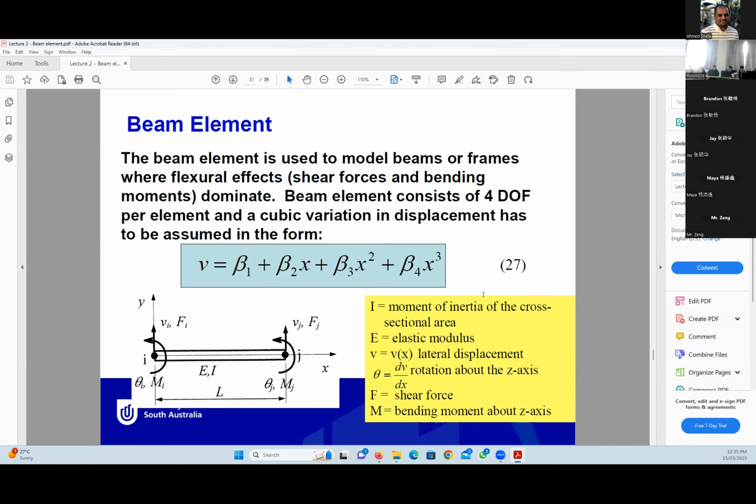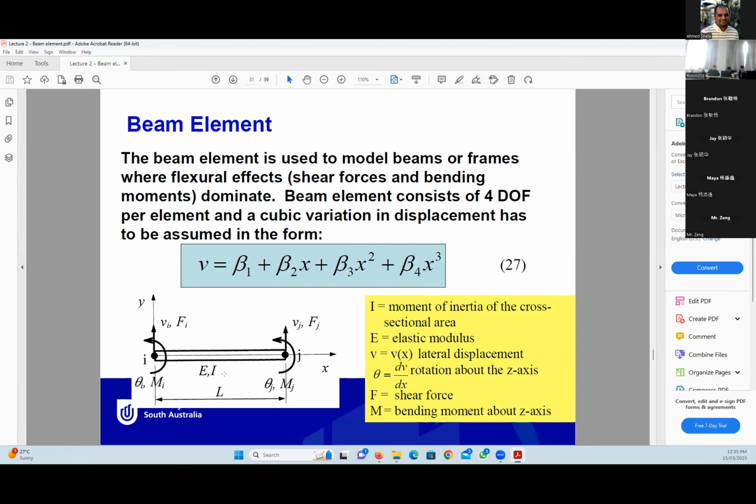Okay, 4 degrees of freedom. What are the degrees of freedom for a beam element? This is a general beam element here at the bottom of the slide. The start is node I, the end is node J. X is this direction, Y is this direction. The length of the member is L. Because we are including the flexure effect, we have E and I. What is E?